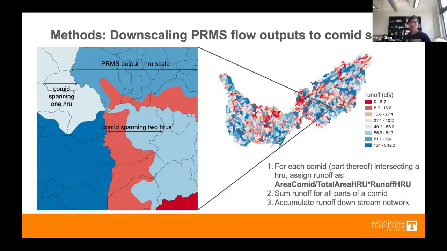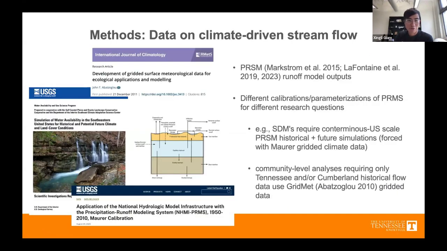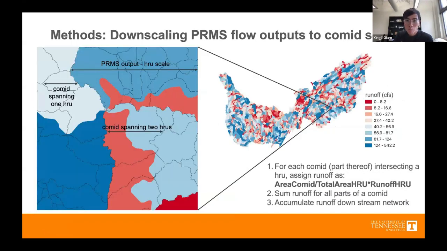The next step is also a difficult computational step, because the PRMS data I've shown here outputs runoff in cubic feet per second, so flow or runoff, at the scale of what we call a hydrological response unit, HRU. HRU is based on the National Hydrologic Model, NHM, database.